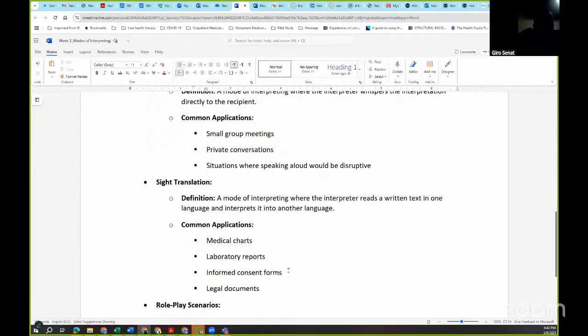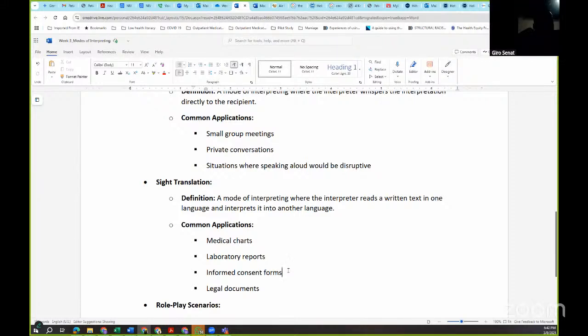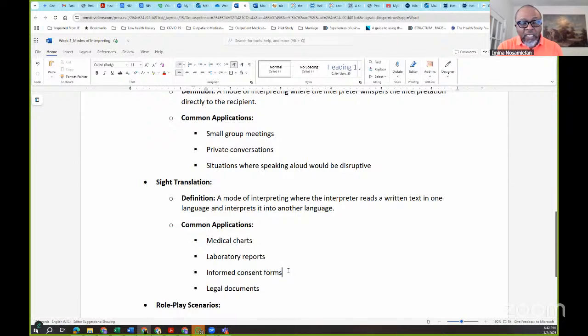But translation is rendition of a written message. So even though in sight translation you are speaking, not writing, because the source of the message is written and not spoken, you call it translation.